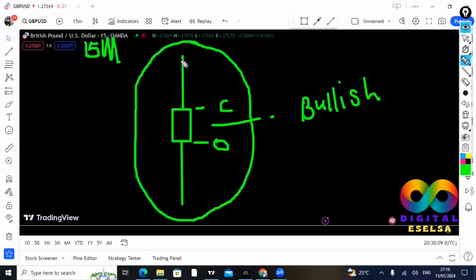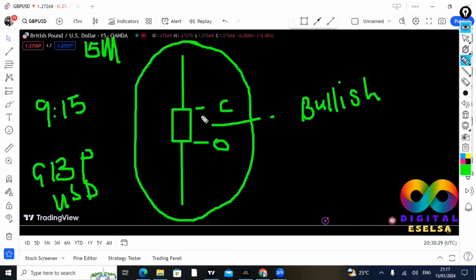And then this particular candle has shown what has happened in the market within 15 minutes. Let's assume that this is 9 o'clock to 9:15. Are you getting it now? And the asset is GBP USD. This candlestick is showing us the interaction between buyers and sellers in 15 minutes, between 9 o'clock to 9:15.